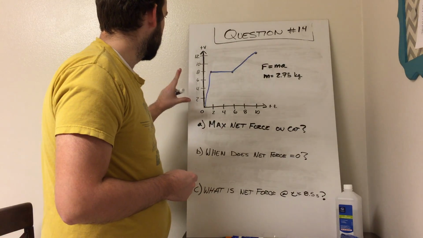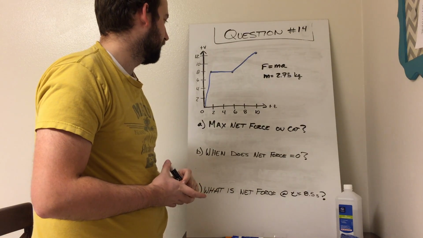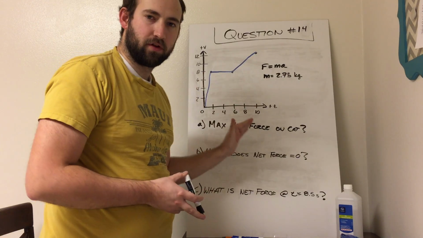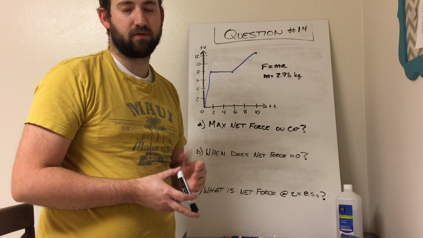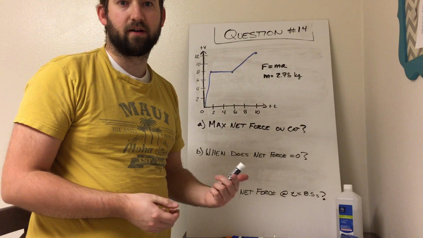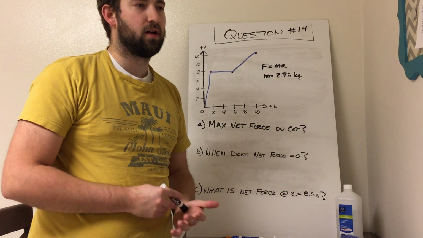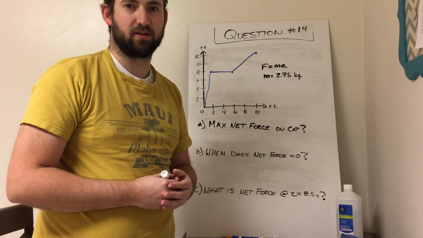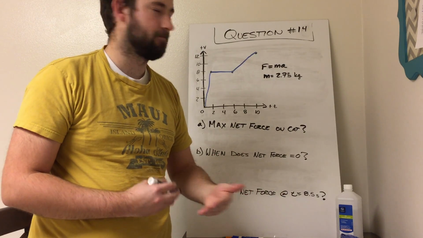Since we're given a velocity versus time graph, we'll need to find when the slope of the graph is the greatest. Because if you remember, the slope of a velocity versus time graph is the acceleration, because acceleration is the change in velocity over time.